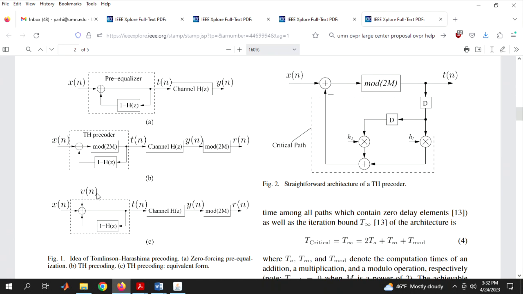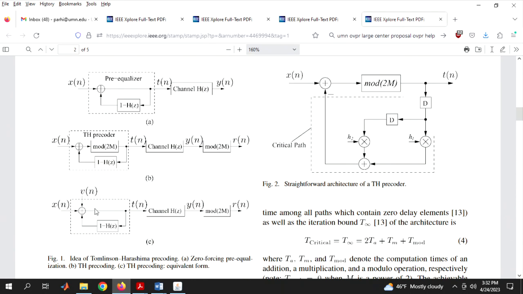So think about V of n as some constant times 2m. What is going on here is we are dividing by 2m and computing the residual, and the residual is being transmitted, that's the transmit signal T n.